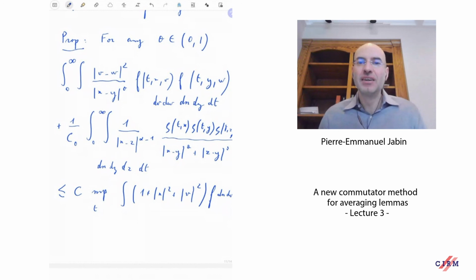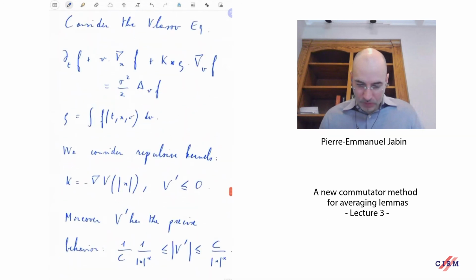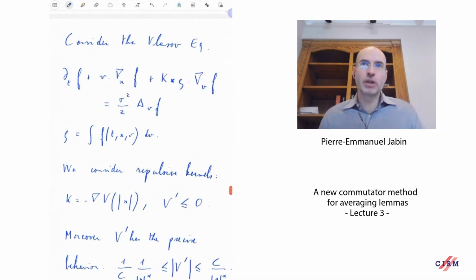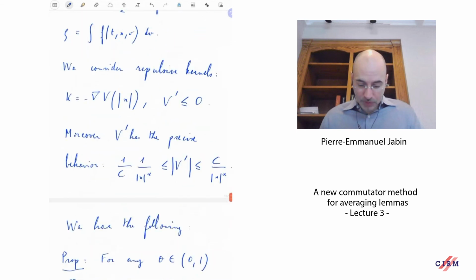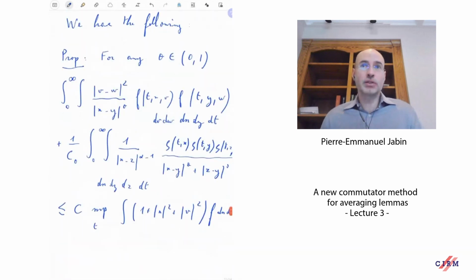Consider the Vlasov equation with some diffusion. And what kind of solutions are you using? So that's a bit of a tricky question, as a matter of fact. It's not as easy to answer as it sounds. I'm not using characteristics or anything like that.